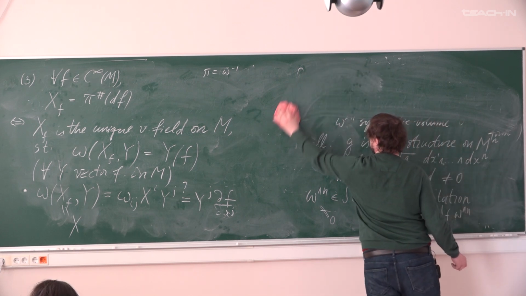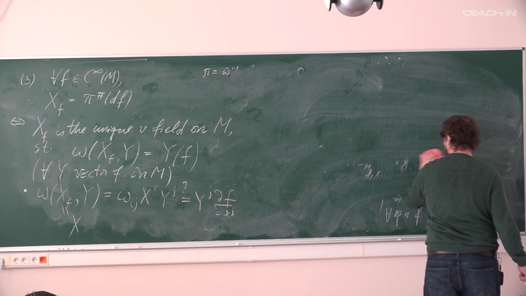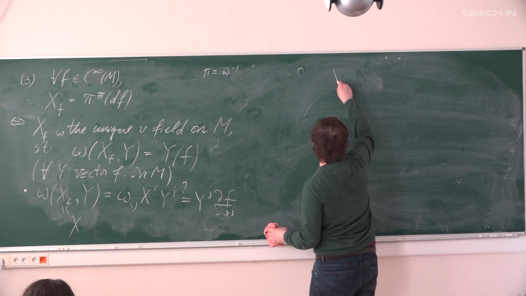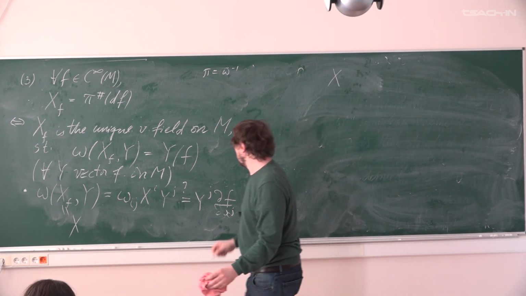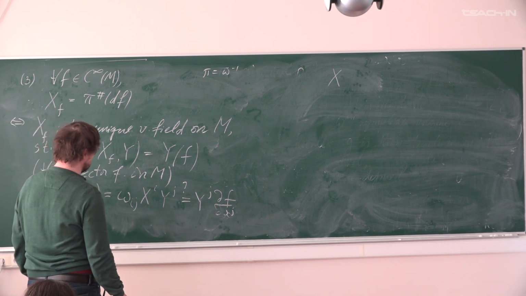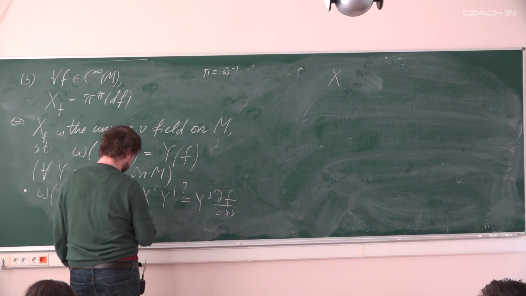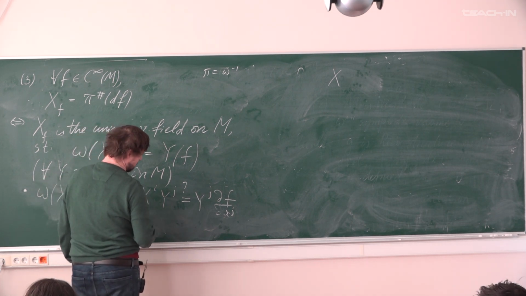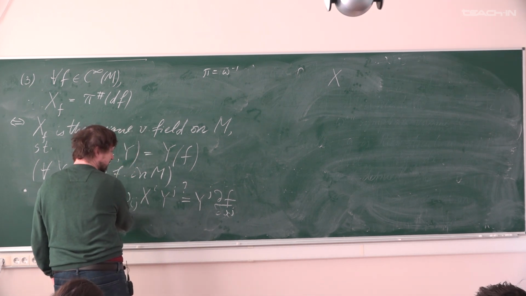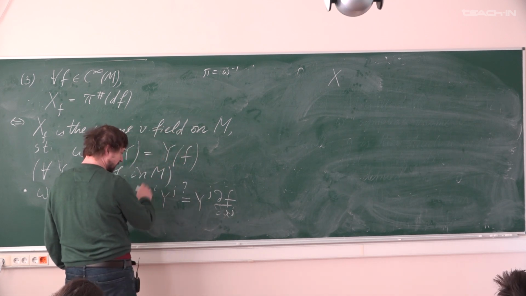Since omega is invertible, you see that xi, so this is some number. So this is true for all vector fields y, right? This is true for all vector fields y.